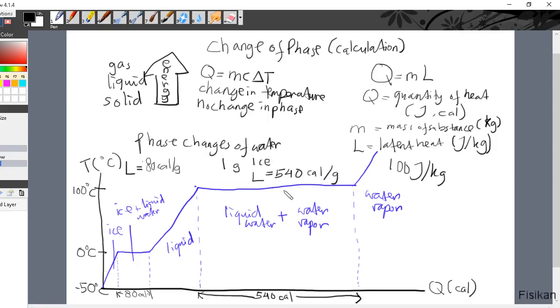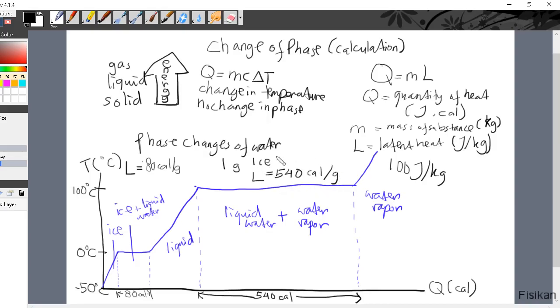What is the meaning of this? 540 calories per gram means that in order to change 1 gram of liquid water to 1 gram of water vapor, you need 540 calories.